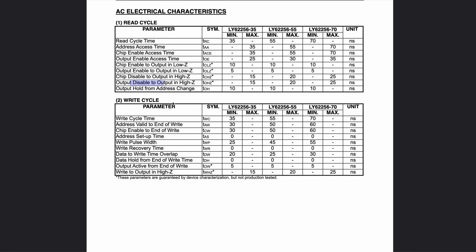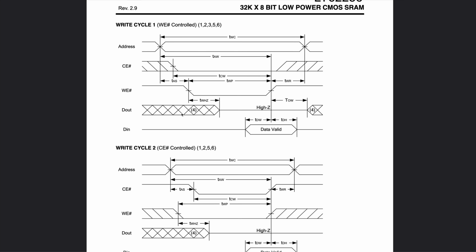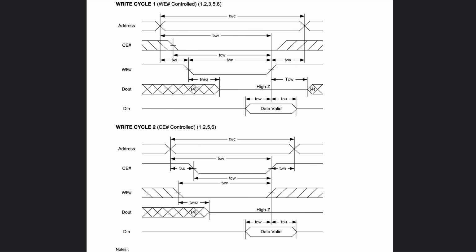Now, the problem is in the datasheet of the RAM. So again, there are two types of write cycles. The first one is write-enable controlled, and the second one is chip-enable controlled. And the only difference is the order in which chip-enable and write-enable are toggling. But what we have to notice is that in each cycle, the data is latched when chip-enable or write-enable have a rising edge.